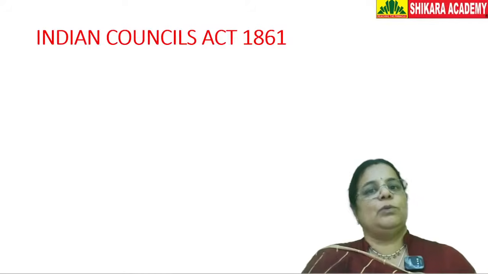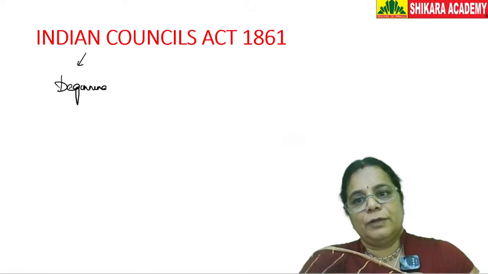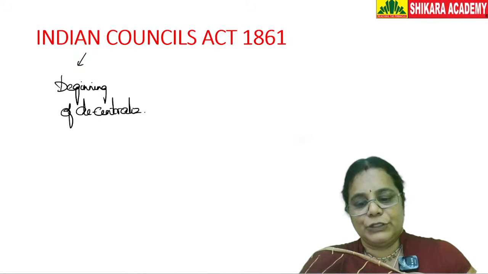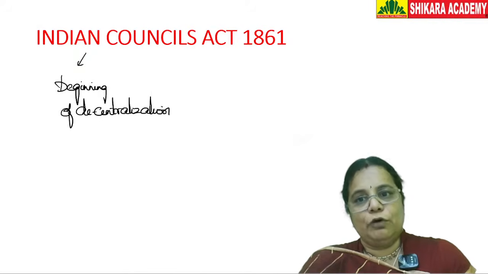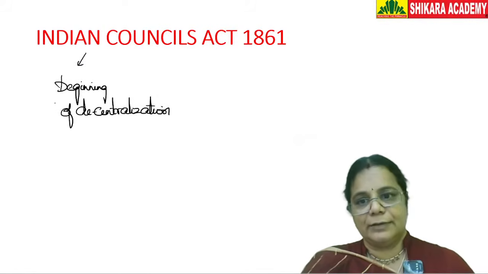Now, 1861 is very, very important because it marked the beginning of decentralization of power in India. And eventually, this decentralization paved way for federal form of government. Now, the question is, how did it decentralize?